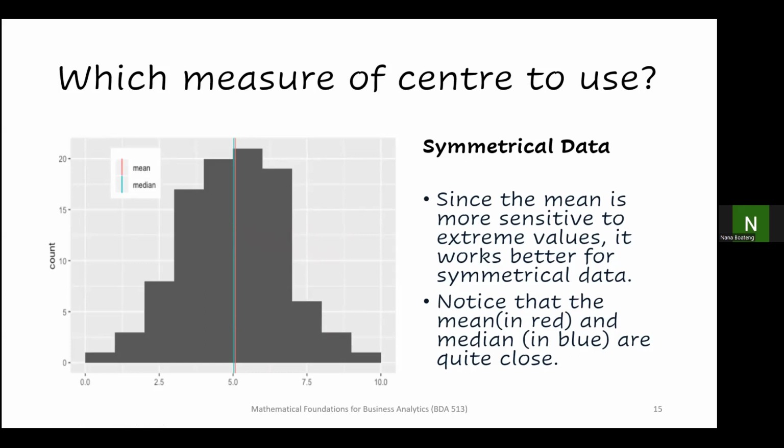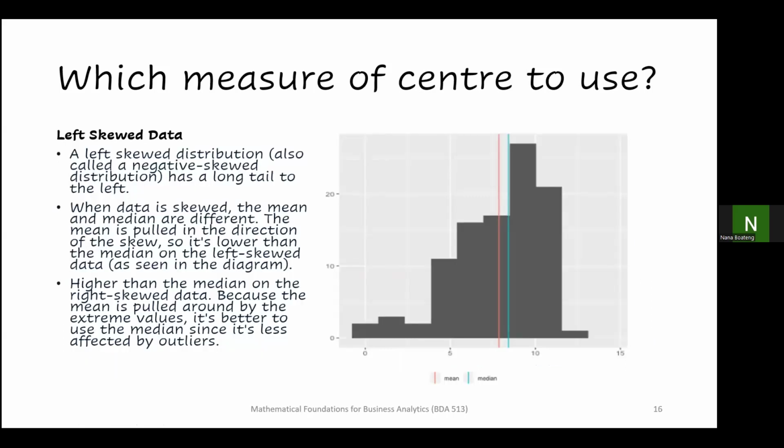Now, when it is not like that, if it is skewed to the left or skewed to the right, if you use the mean as the measure of center, it might give you wrong information. Have you seen? It might give you a distorted view of the data. So in such instances, we use the median as the measure of center.